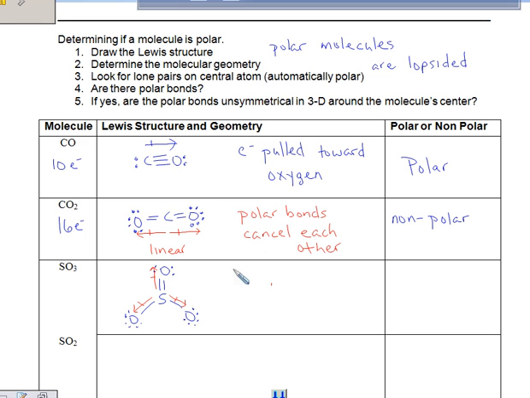So once again, the polar bonds cancel. If you've had physics already, we would say these are vectors, and the vectors cancel. So, symmetrical molecule in terms of what's happening with the polar bonds. Since it's symmetrical, that means that it is nonpolar.